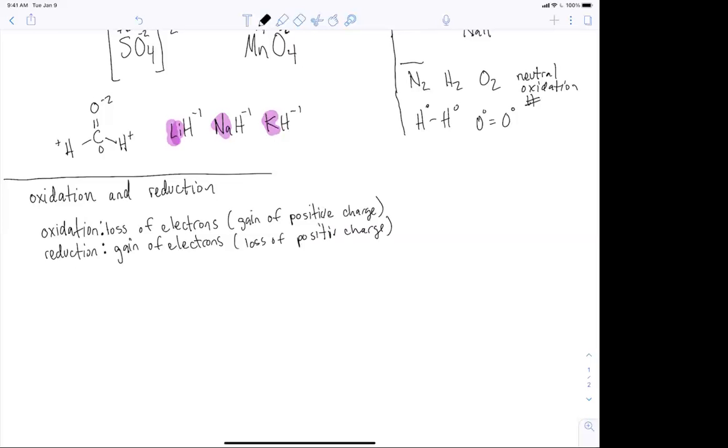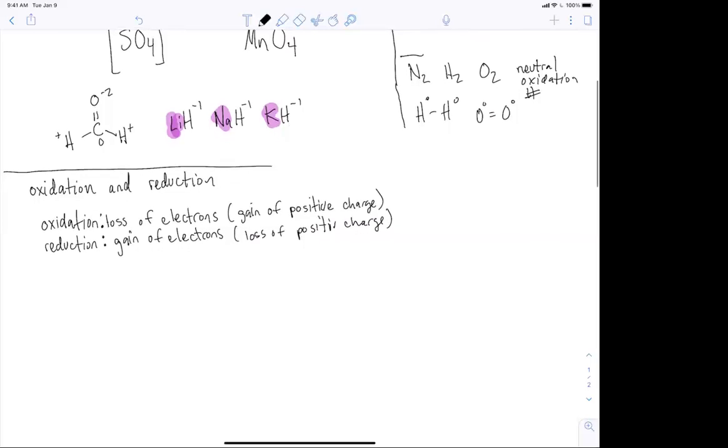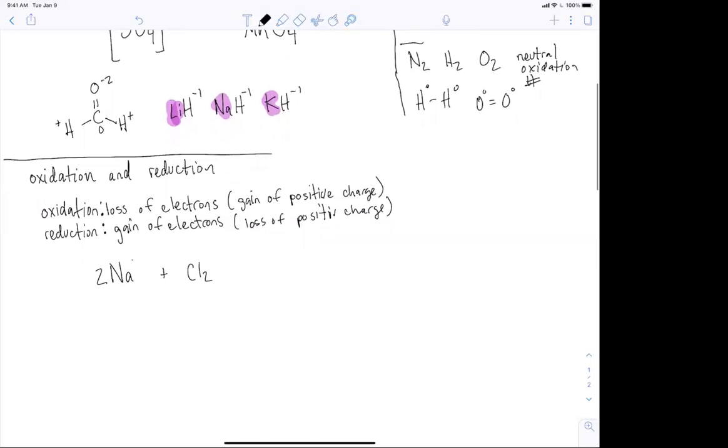So for example, if we look at this really straightforward reaction. If you take sodium metal and mix it with chlorine gas, sounds like a really scary reaction. Both of those are pretty dangerous. What you get out of that is going to be sodium chloride.